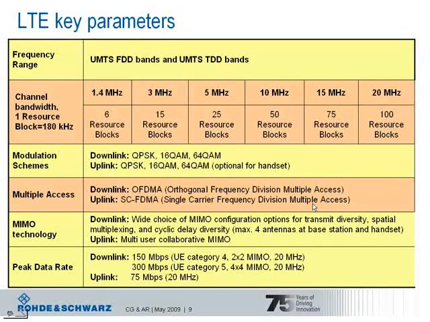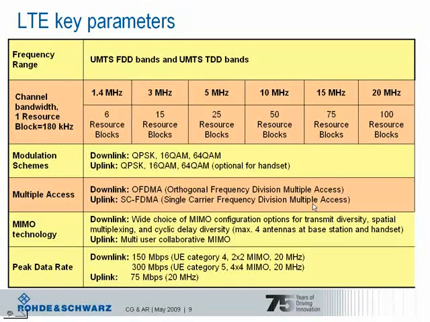LTE supports the MIMO technology. MIMO, multiple input, multiple output antenna technology, is very essential for LTE in order to support the high data rate and throughput requirements. In downlink, a wide choice of MIMO configurations is possible, and different MIMO modes are supported.